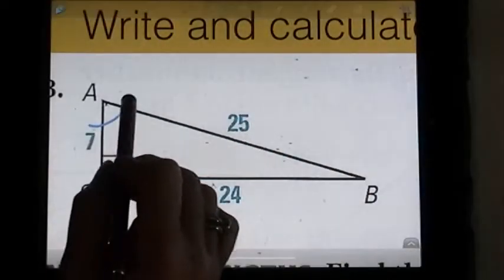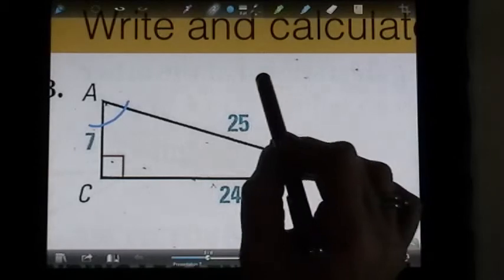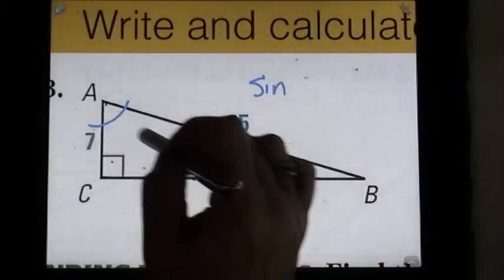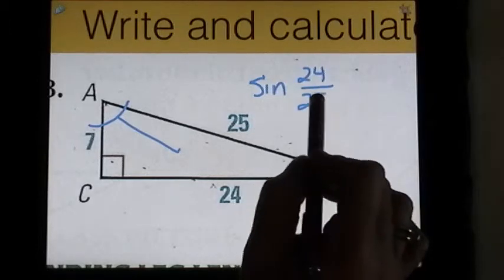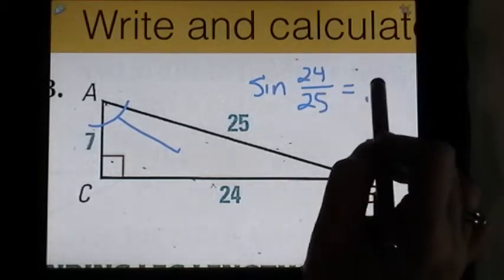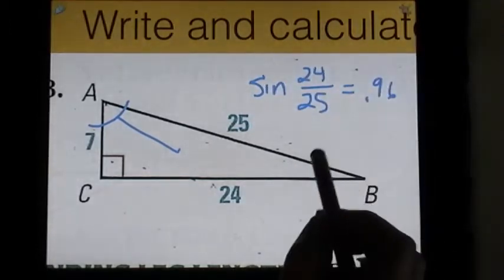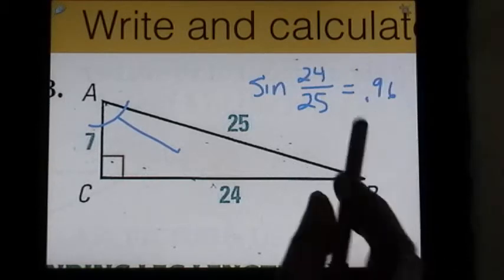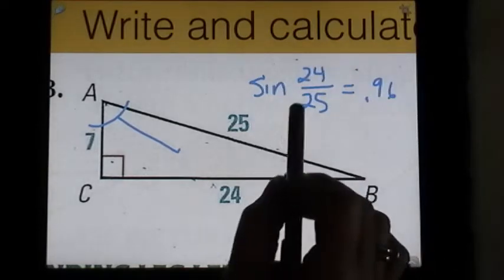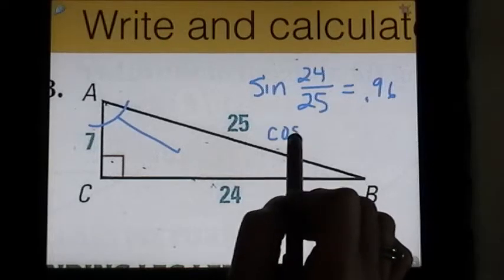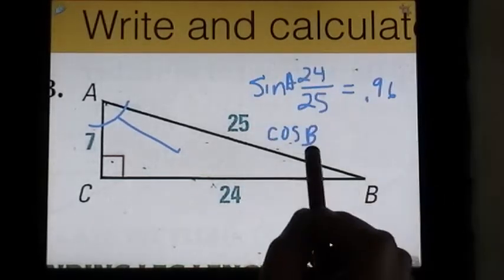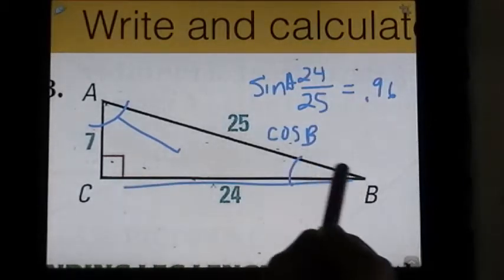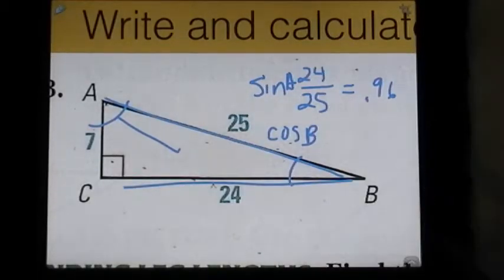Okay, the ratios change when you're looking from the perspective of another angle. So now if we're looking at angle A, sine is the opposite side, 24, over the hypotenuse, 25, which is 0.96. Now you might notice that that's the same as the cosine. It's the very same numbers as the cosine, because this is sine A. Cosine of B is the adjacent over the hypotenuse, so it's 24 over 25.